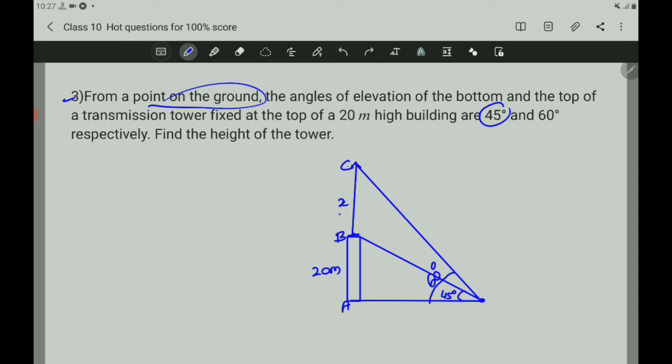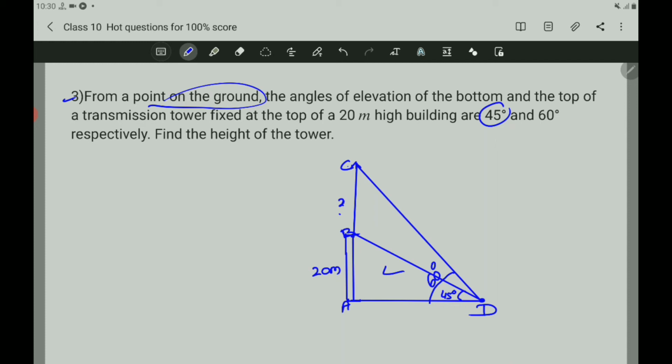Now let us consider the point on the ground is D, and C is the top and B is the bottom of the tower, and AB is the building. First you take this right angle triangle ABD, and next you take the right angle triangle CAD.